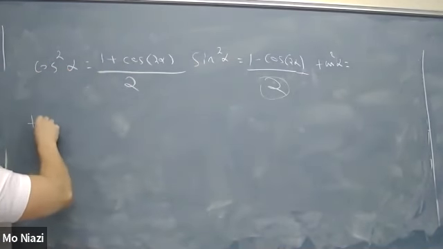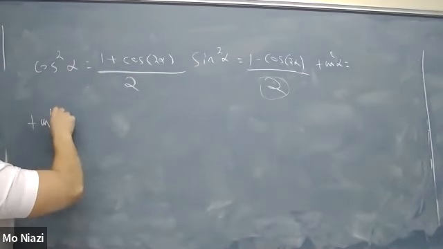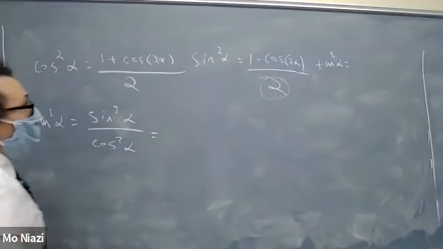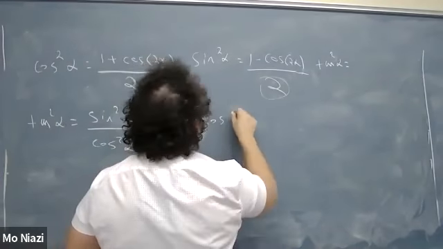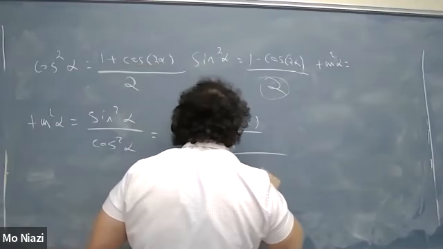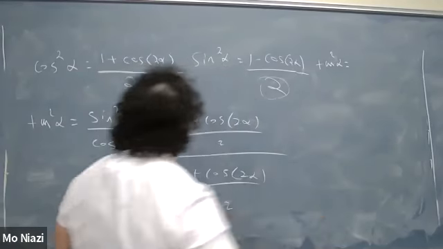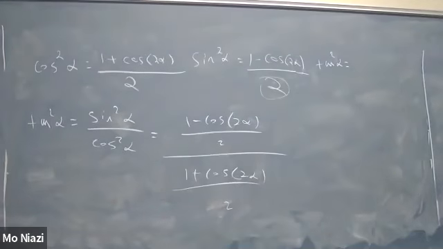So what about tangent squared alpha? Tangent squared alpha is the same thing as sine squared alpha over cosine squared alpha. But when I use these guys, I get 1 minus cosine of 2 alpha over 2. That's for sine squared alpha. And I have 1 plus cosine of 2 alpha over 2 for cosine squared alpha.